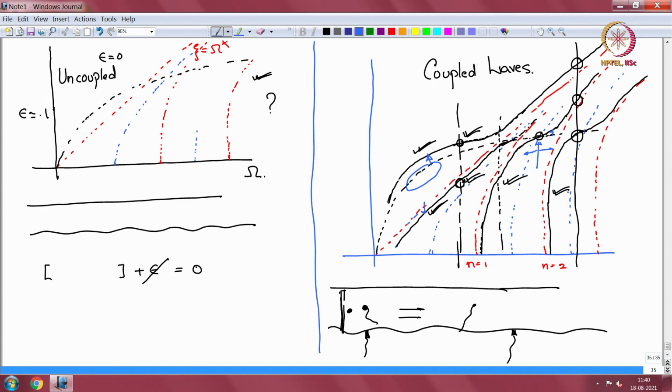There is a reason why this black line asymptotically now starts to approach the next rigid duct cut-on. There is a physical reason why here the plane wave went up, whereas here the plane wave went down.